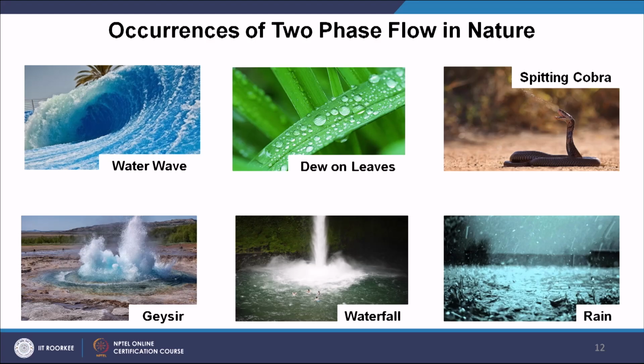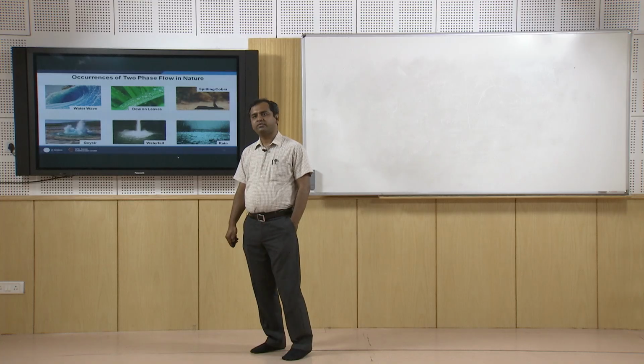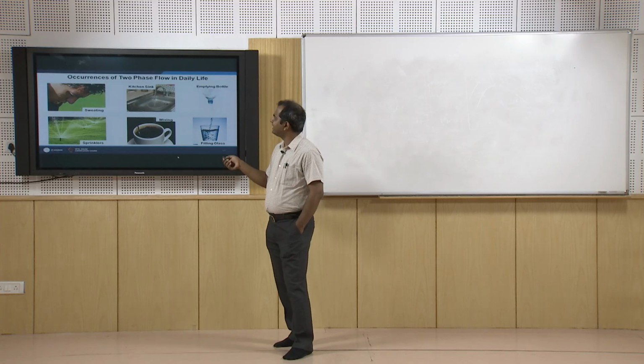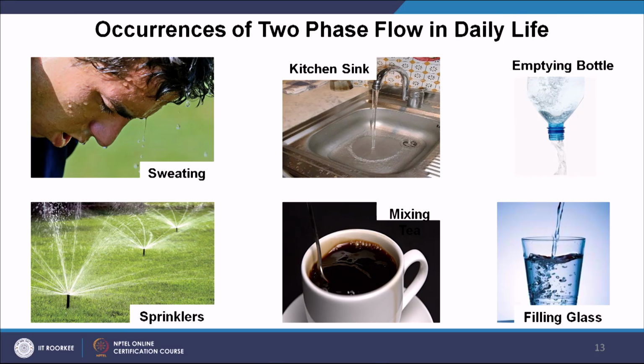Here you can find a spitting cobra. This is once again gas liquid two phase flow, geyser, waterfall. Downstream of a waterfall or geyser we will be having hot bubbles bursting at the liquid surface, lots of droplets being generated, as well as daily life rain we can see; all those are examples of gas liquid two phase flow.